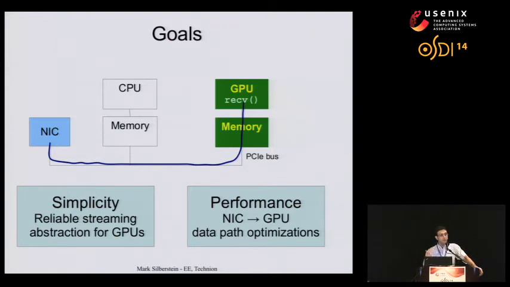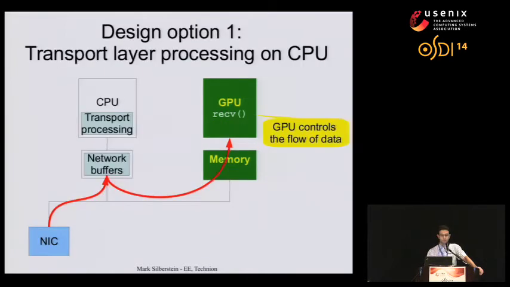All right, it turns out that in order to achieve these goals, you really have to work hard, because with the simplicity goal, you really have to perform transport layer processing somewhere. It could be CPU or GPU, or it could be something else, and the question is where to put it after all. So let's start with the first design option. Let's do transport layer processing on CPU, and that would basically entail using the CPU network stack. So the data would flow into CPU memory, and then it would flow into the GPU.